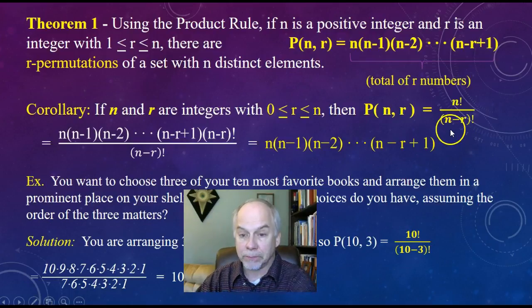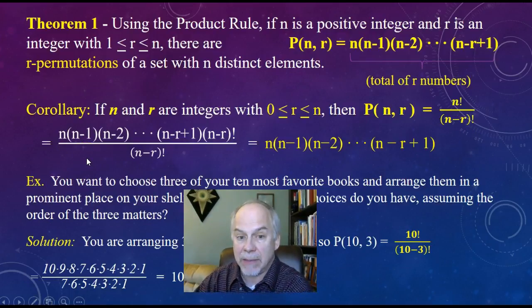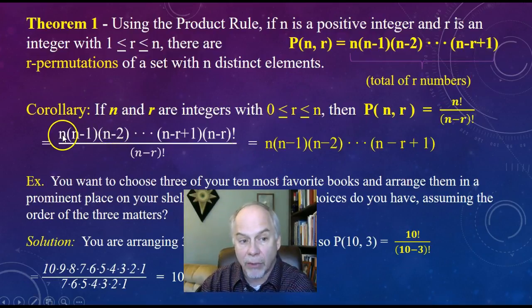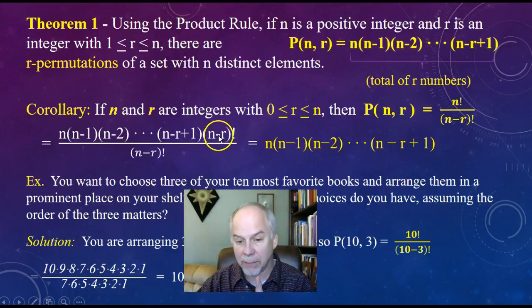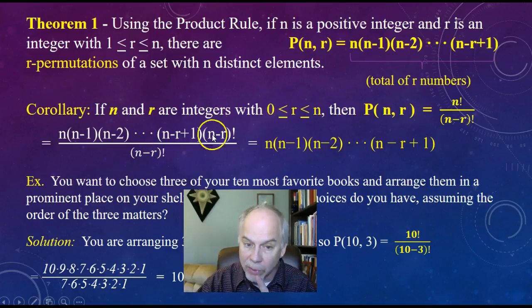Okay? Now, we'll see that these are the same thing because this formula here is the same as the one at the top of the page that we just talked about, because N factorial means N times N minus 1 times N minus 2, in other words, all the way down to 1. But if we stopped at the point where we have N minus R and just put the factorial, which of course means continue all the way down to 1, and then on the bottom, according to the formula, we have N minus R factorial, these N minus R factorials cancel.